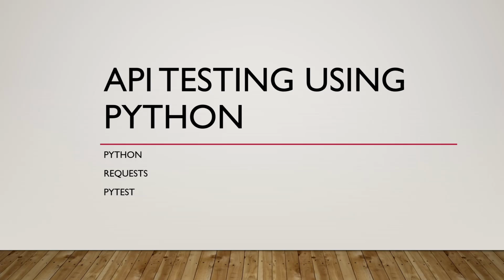So what is API in basic terminology? I can say API is a medium where two applications, which are built on two different technologies, can communicate with each other. Let's say one is built on JavaScript or JS, another is built on C#.